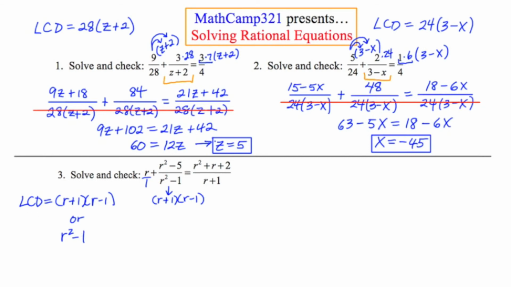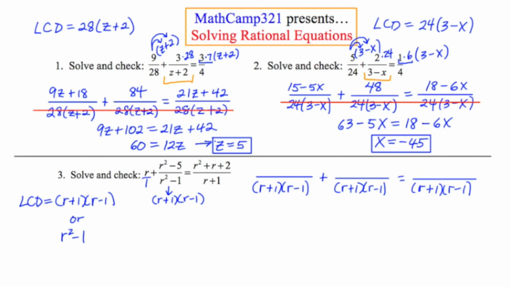Okay, now I'm going to rewrite each of these fractions with that common denominator. Okay, now we've rewritten each fraction with the same denominator. Let's figure out what the numerators are going to be.